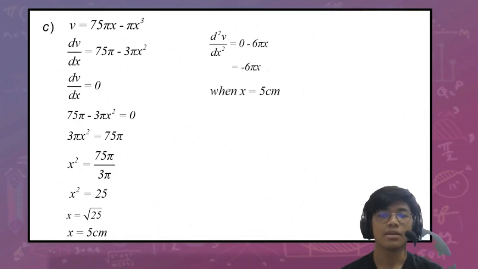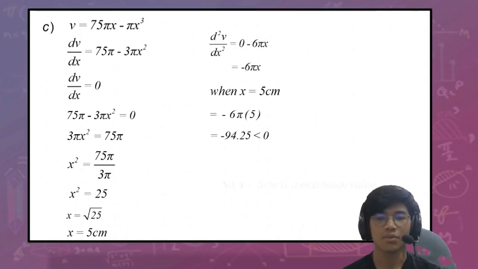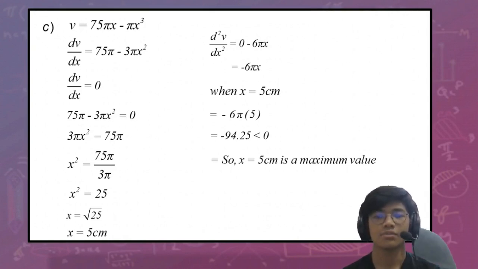And then when x is equal to 5, replace x with 5 in negative 6 pi x, and it will become negative 6 pi multiplied by 5. Then calculate it using a calculator, and the answer is negative 94.25, which is less than 0. So because it is less than 0, x, which is 5 cm, is the maximum value.